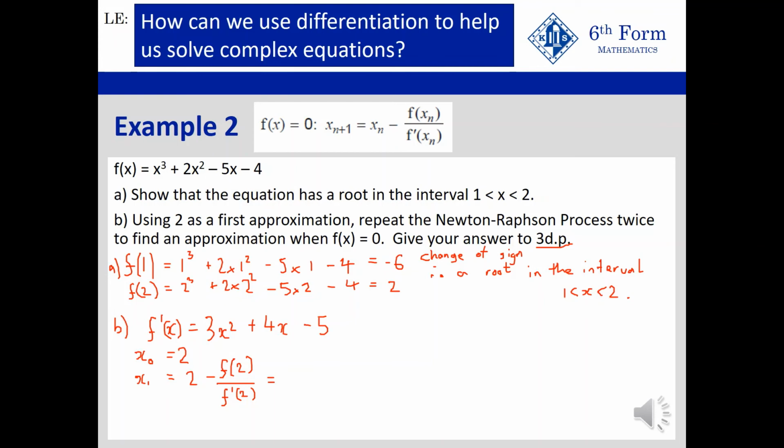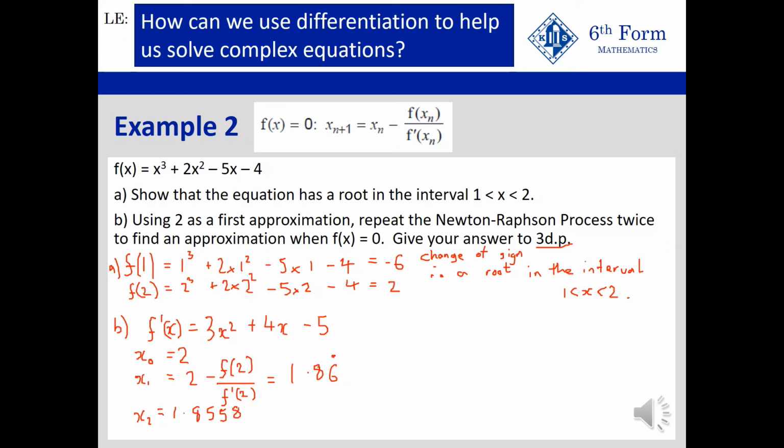So x1, I'm coming out with a value of 1.86 recurring actually. Then because we've set it up like this, to work out x2, I can just press equals again on the calculator. And this is giving me this time 1.8558.